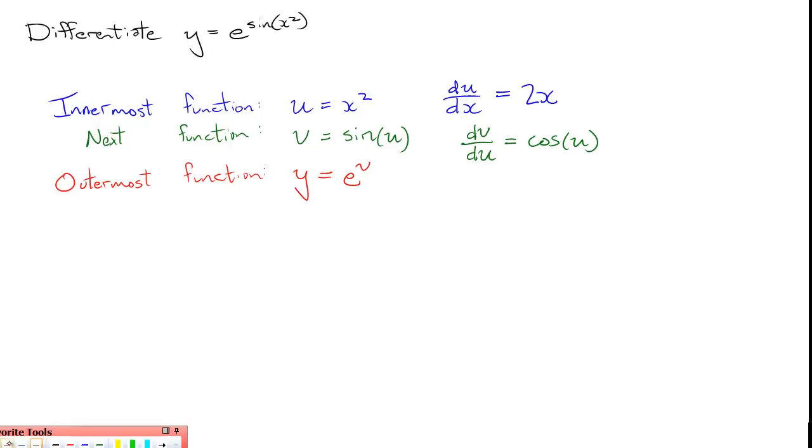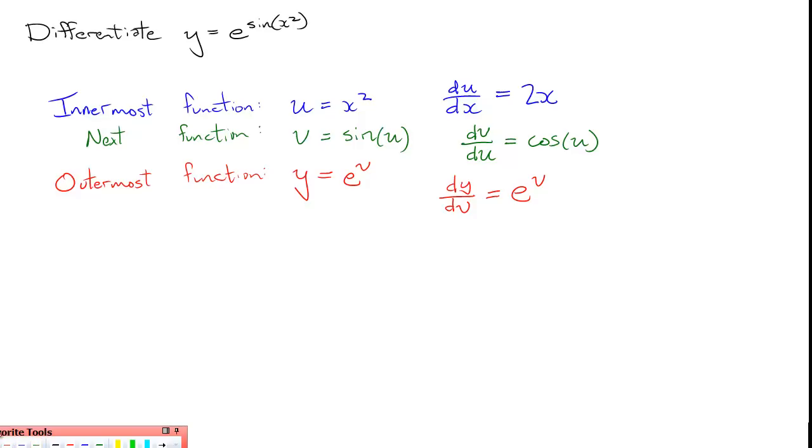And last, we're going to take the derivative of this last function here. And here we have y and v. Those are the letters here. So we take dy dv, the derivative of the exponential is just itself, and so here we have dy dv is e to the power of v.